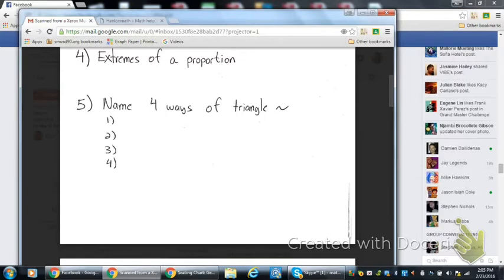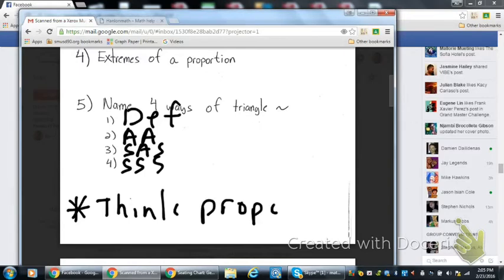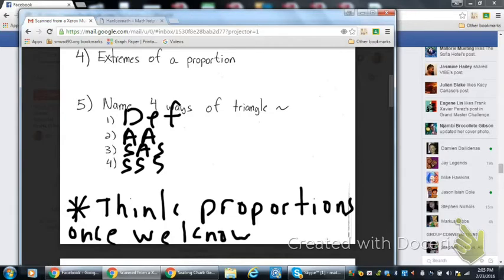Okay, I'll talk more about this, but for now let's put definition. We have angle, angle, side, angle, side, and then we have side, side, side. And I'm going to make a little note. Think proportions once we know they are similar.